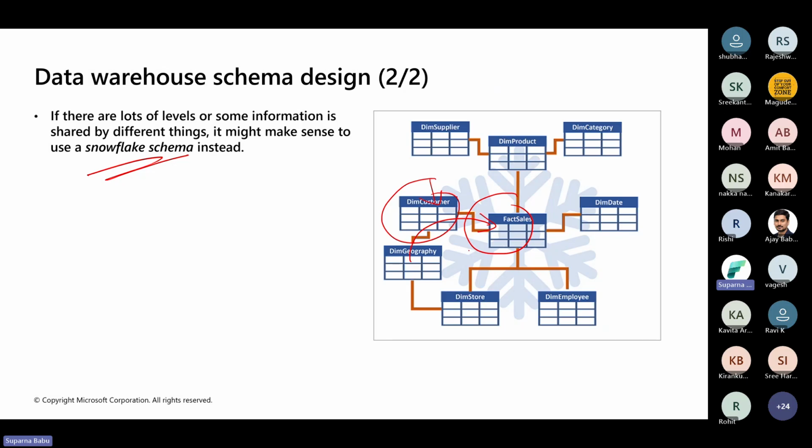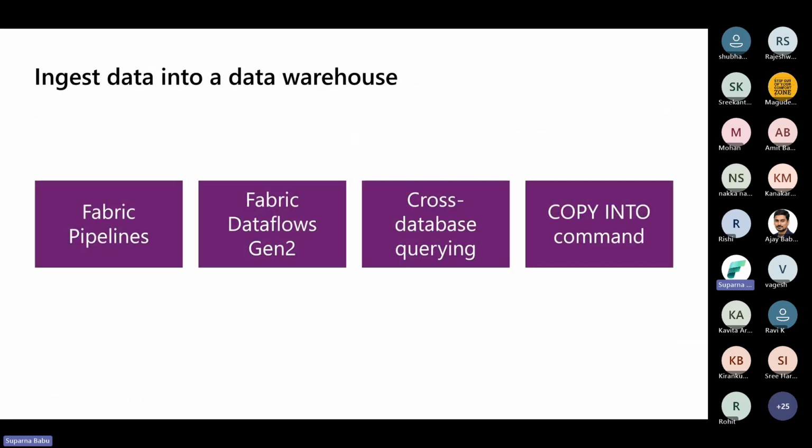Let's say in this case, geography is not directly connected with the fact table, it is connected through the customer dimension table. With the snowflake schema, when there are some limitations or restrictions, you can use the star schema. And there is one more schema, the galaxy or bridge schema, that you may also implement.